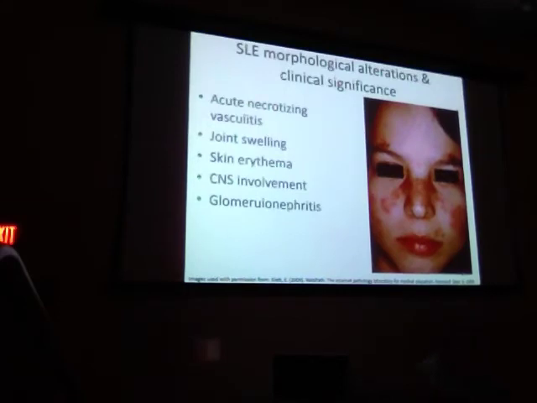So this is a type 3 hypersensitivity, right? So you're going to have joint swelling issues, potentially vascular issues, and renal issues. Remember type 3? So systemic lupus erythematosus is a type 3 hypersensitivity that's pretty aggressive. It's one of the most aggressive examples we could show.